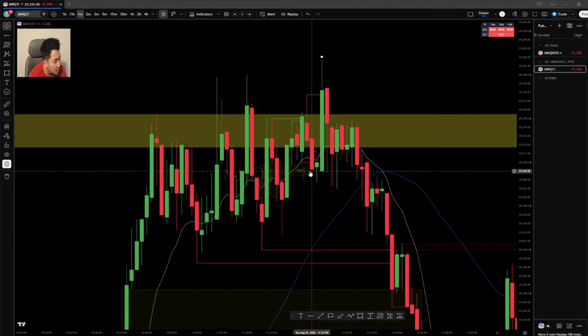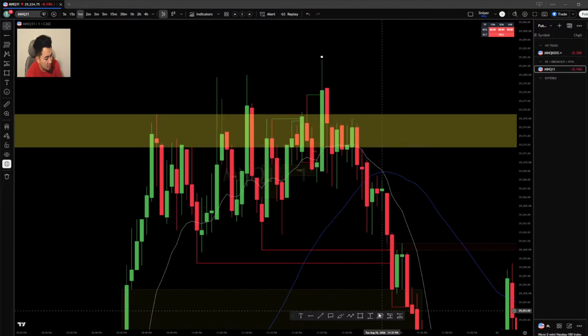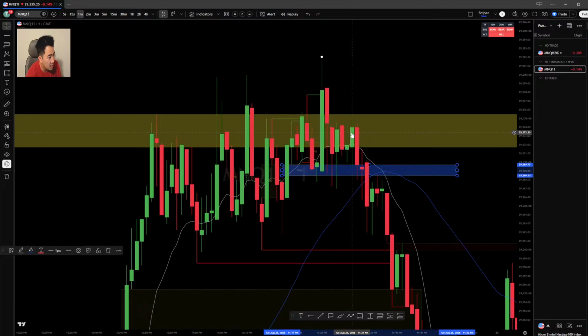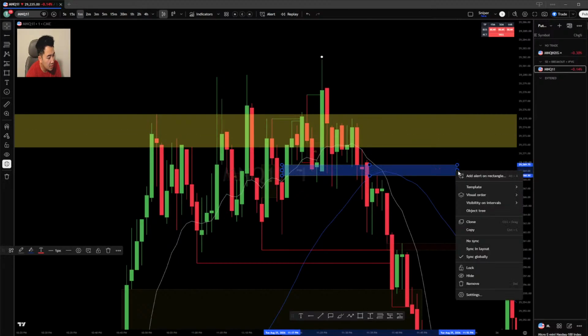Bullish gap becomes, there's a bearish inversion. So this right here is a bullish gap. Price breaks through it, becomes a bearish inversion.